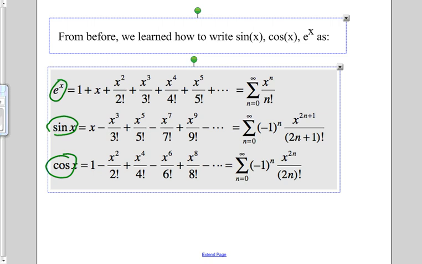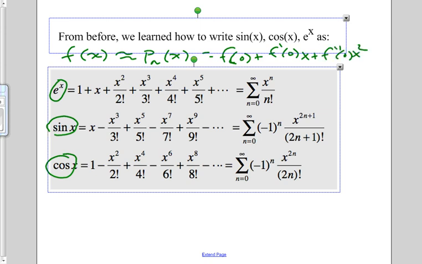What we were able to do to get these, remember, we had to write the idea that we could approximate any function as a polynomial function, and that polynomial approximation was f of 0 plus f prime of 0 x plus f double prime of 0 x squared over 2 factorial plus f triple prime of 0 x cubed over 3 factorial.